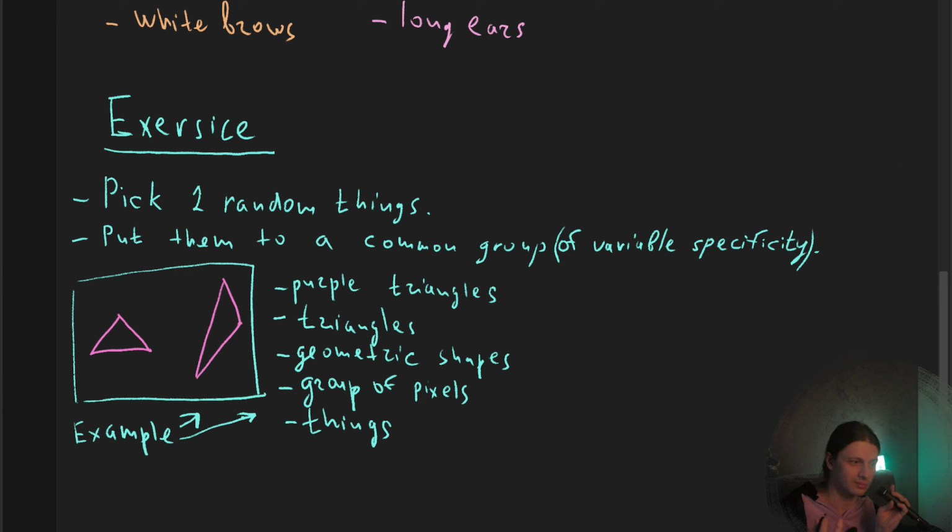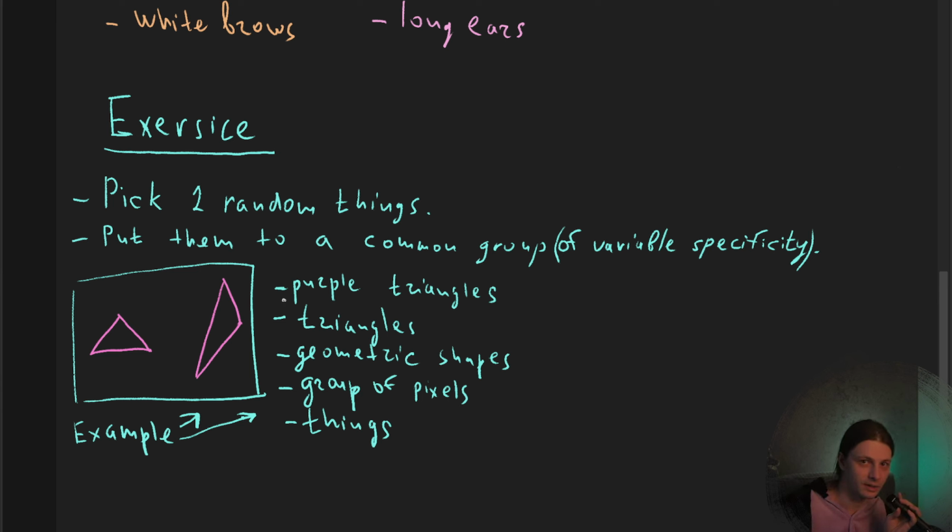Because they are both triangles, and they are both purple or magenta, but let it be purple for now. And that's why we can put them to the first group. And to the second group, we can put them because they are both triangles. And for the next, also because they are geometric shapes, obviously, etc.